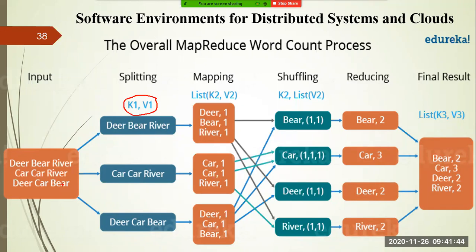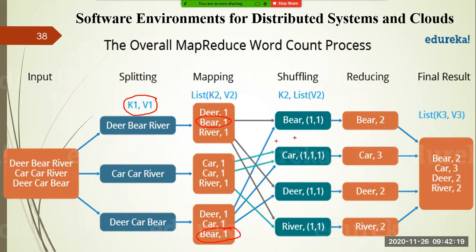Once this mapping is done, you can apply the shuffling process. What does the shuffling process say? You have to take a key, and with respect to a particular key, you have to generate a list. Here, all the mapping functions are connected to your shuffling. You can see a particular word is repeated here, and it is also repeated in this map function.